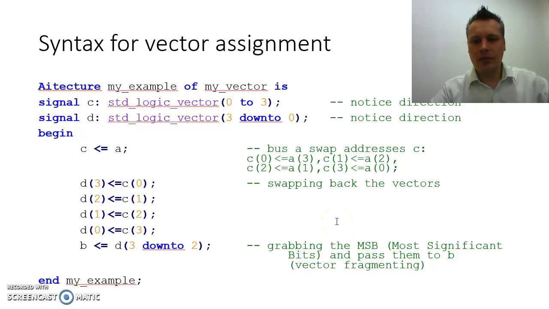If we then want to grab the most significant bits and pass them to a vector B, which in the previous example was defined as a 2-bit construct, then we can grab from 3 down to 2, so that's the 2 bits we are grabbing.